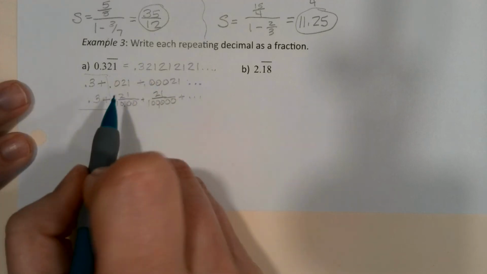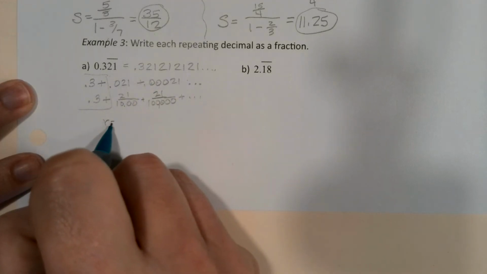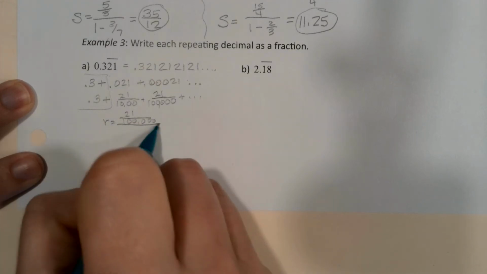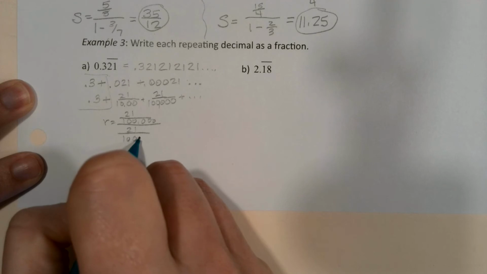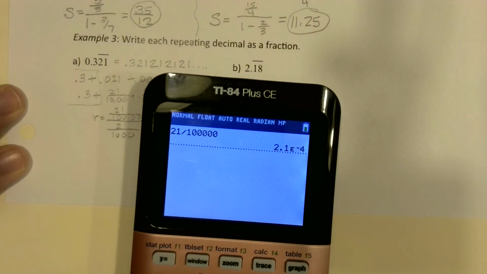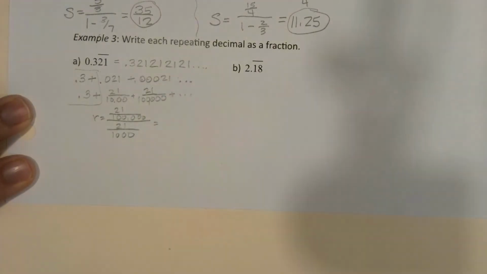The ratio would be 21 over 100,000 divided by 21 over 1,000, which is 0.01, or 1 over 100. That's my ratio.